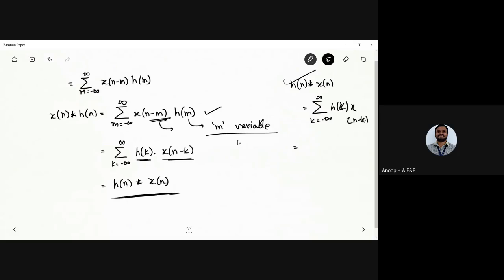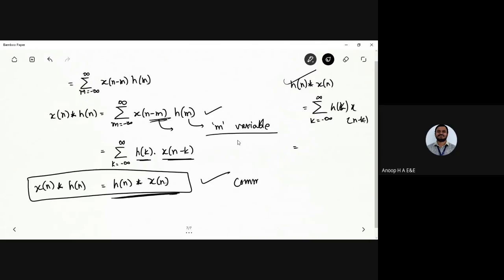So that's how we can write x of n convoluted with h of n equal to h of n convoluted with x of n. So the commutative property holds good. So this is how we can practice again.